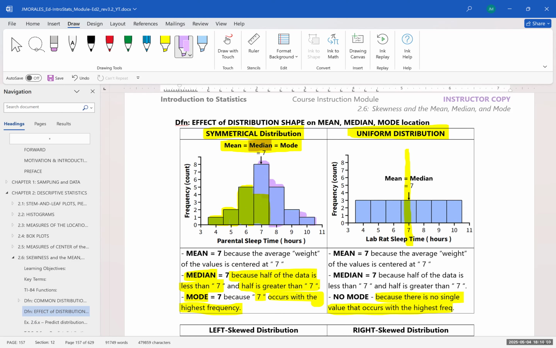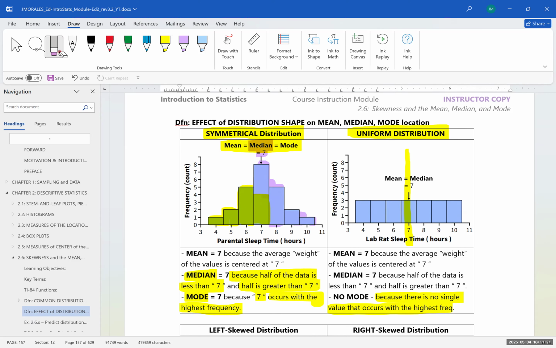So the median is 7. And the same is true over here on the right, that half of the data is less than 7 and half of the data is more than 7. So the median is 7. It's right in the center.